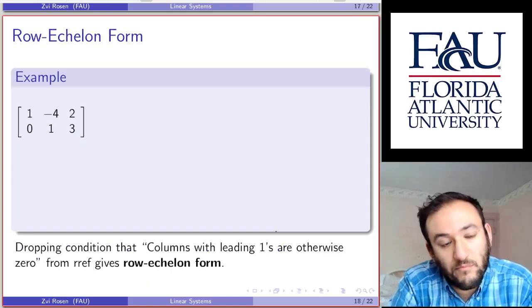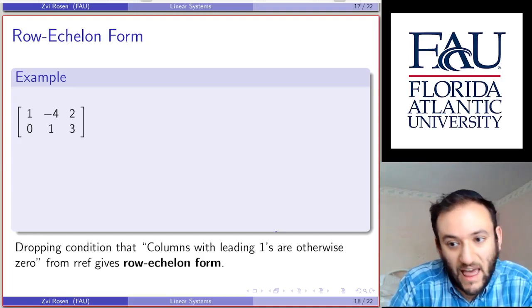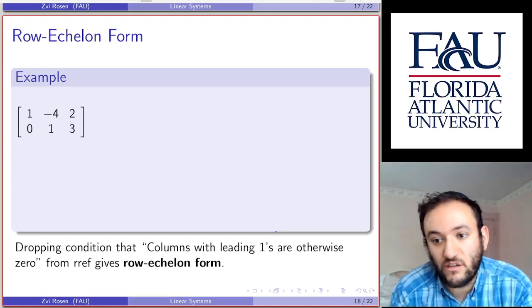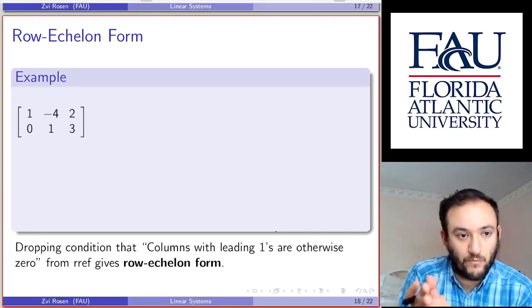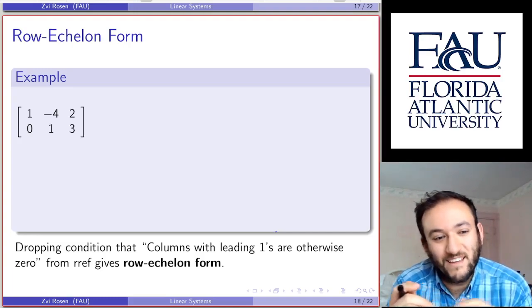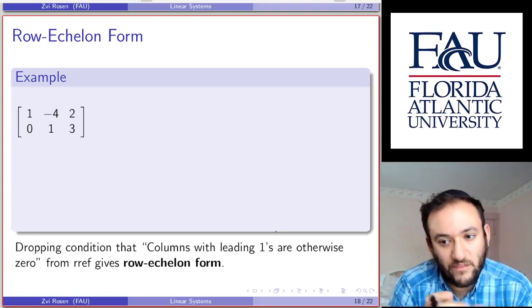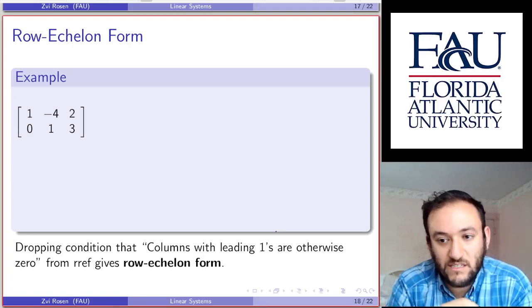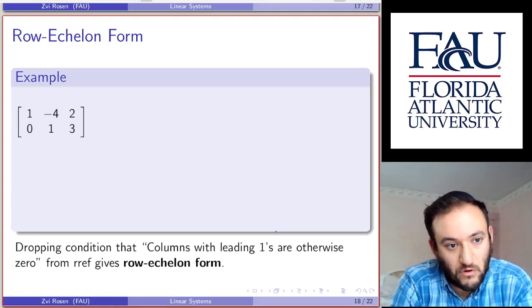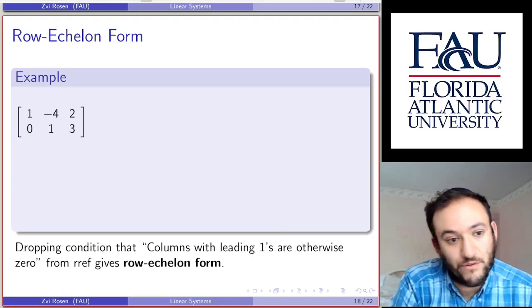Okay, well, we can be a little laxer about reduced row echelon form. We don't have to go all the way with reduced row echelon form. There's kind of an easier path, which is the row echelon form, meaning it's not reduced.